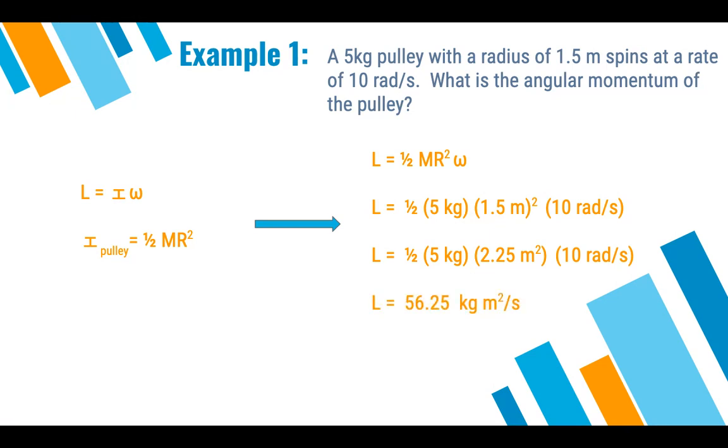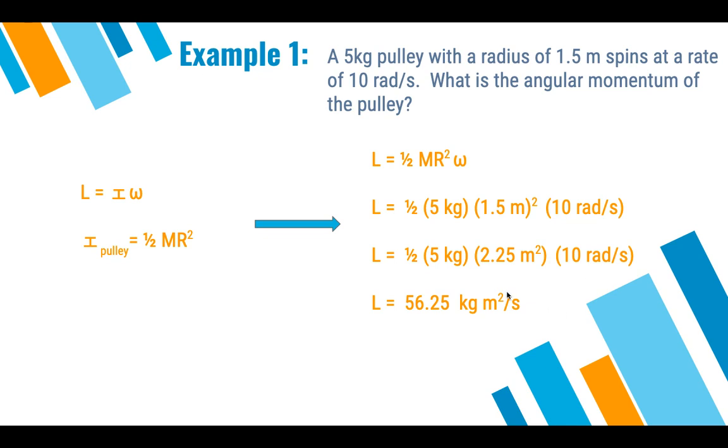We get 56.25. Our units, if you all remember, radians are an implicit unit. So we multiply across here, we ignore the radians. They basically disappear, they're implied. So our units for angular momentum are kilogram meters squared over seconds.